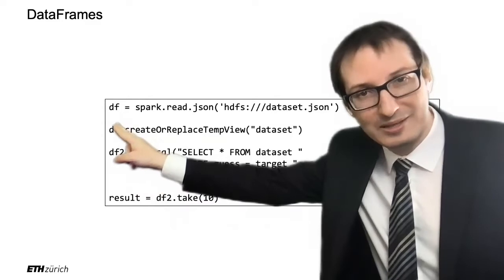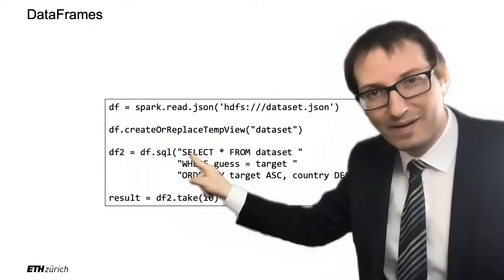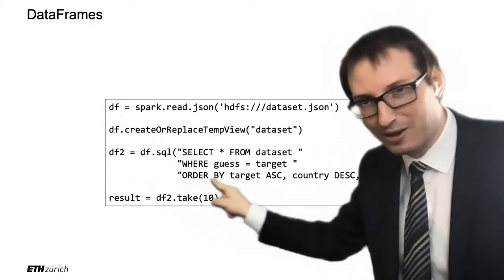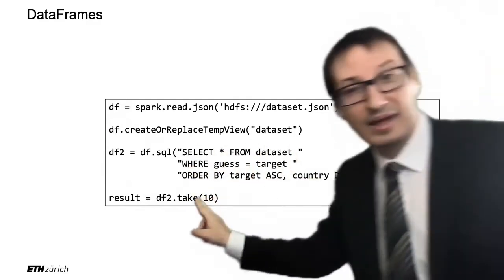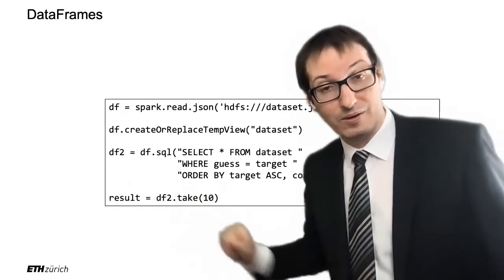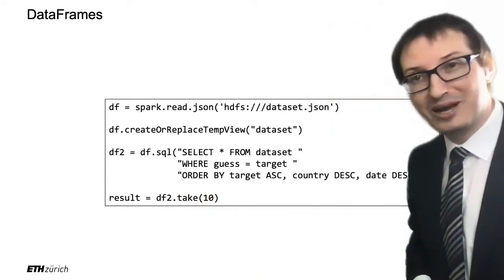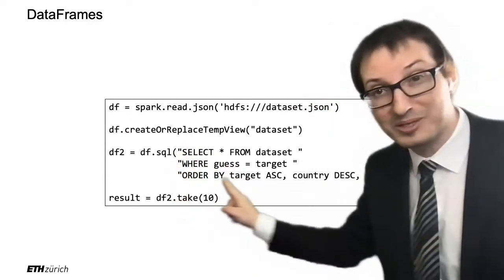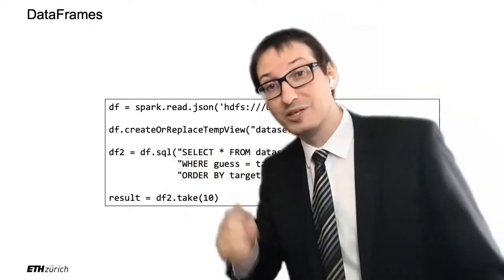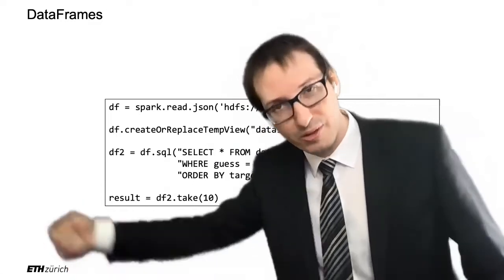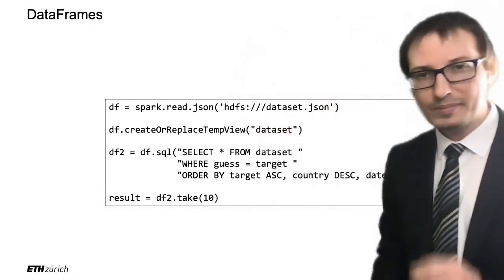You see, it's no longer an RDD, now it's a data frame, .sql, and here, select from, where, order by, and so on, just as a SQL query that I can put in there, and then I can call my action on the data frame. You see how cool that is? We can directly invoke SQL now. This is so much easier than having to write manually in Python the transformations.